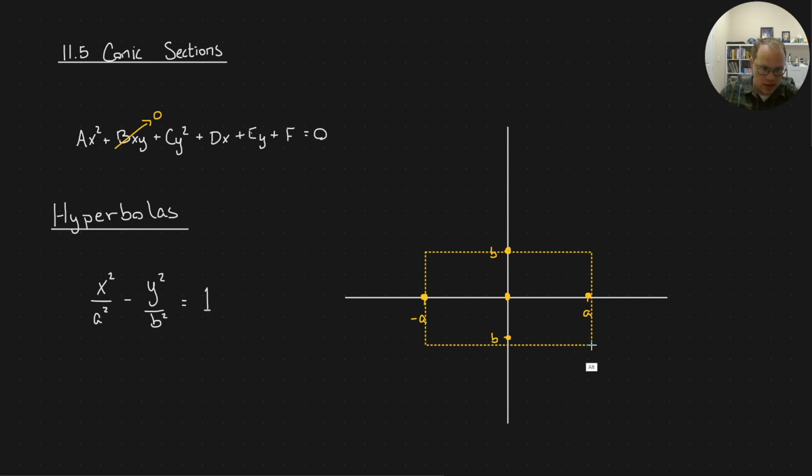Kind of like this. Now notice it's a dotted line that I'm drawing because it's not actually part of the graph. This box is just a guide. Now what we want to do is we want to draw lines through the opposite corners of this box.